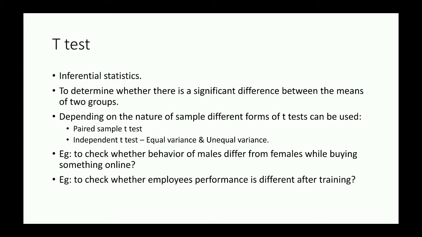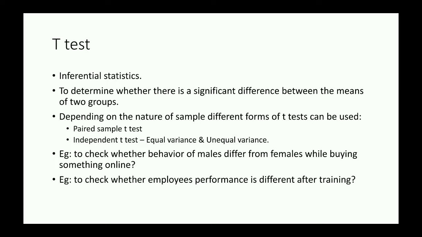So we are comparing two independent samples with each other. The mean values which you are comparing belong to two independent samples. In that case, you have to apply the independent sample t-test.